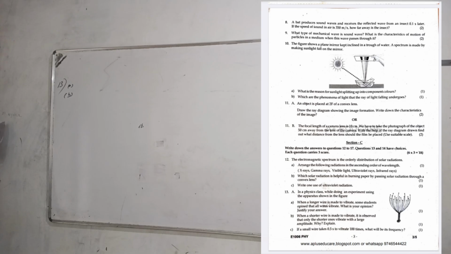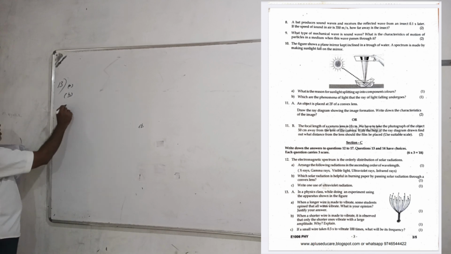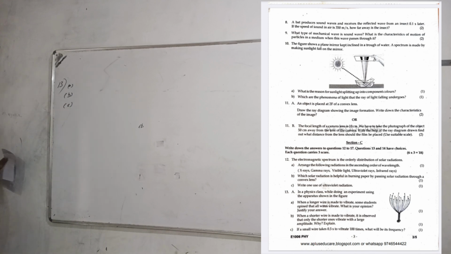If a small wire takes 0.5 seconds to vibrate 100 times, what will be its frequency? Frequency is equal to number of oscillations per second.